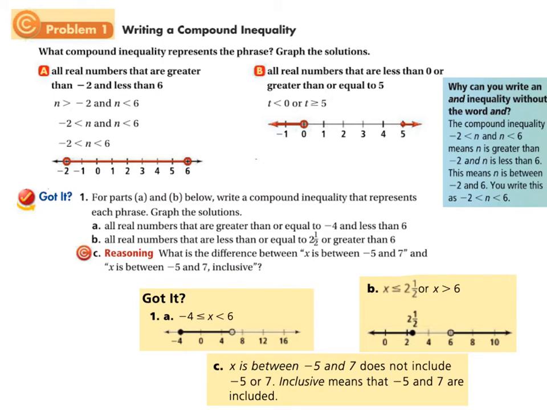So the difference between x is between -5 and 7, which would look like this. X is between -5 and 7. And the next one, x is between -5 and 7 inclusive. Inclusive means include the endpoints as solutions, make them "or equals."